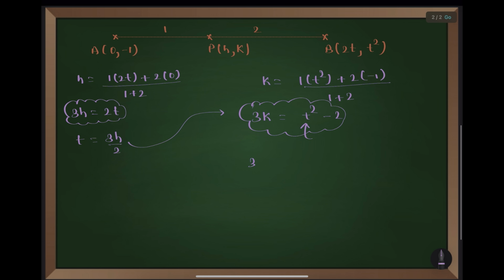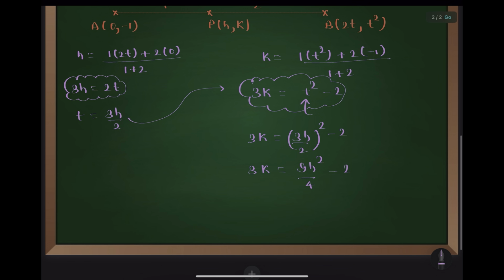So we will have 3k is equal to 3h by 2 whole square minus 2. So it is 3k equals 9h square by 4 minus 2. Now let's multiply both sides by 4. So 4 3s are 12k equals 9h square minus 8.